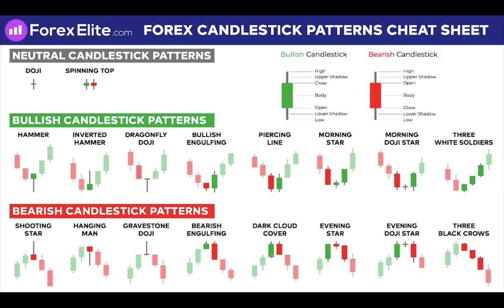And then there is the dark cloud cover. The dark cloud cover, what do you think it means? There is a dark cloud. So the dark cloud cover means that there is a bearish reversal.